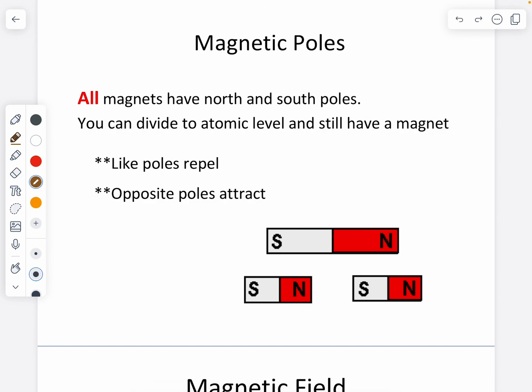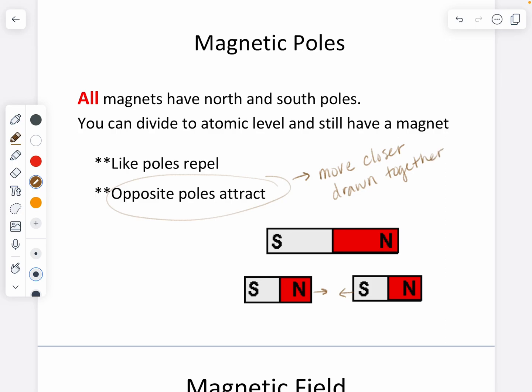So if we were to physically hold these two magnets close to each other, they would move together and meet up in the middle, and then they would be joined together. So when we say opposites attract, that's what we mean. We mean that they are going to be drawn closer together, or they are going to move closer because they are drawn together. They are attracted to each other.